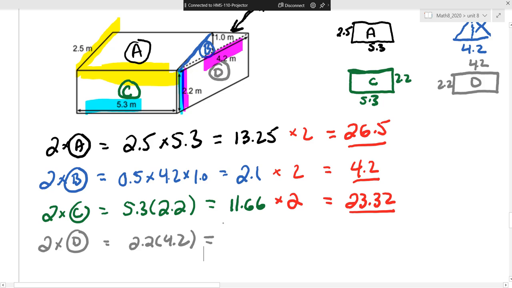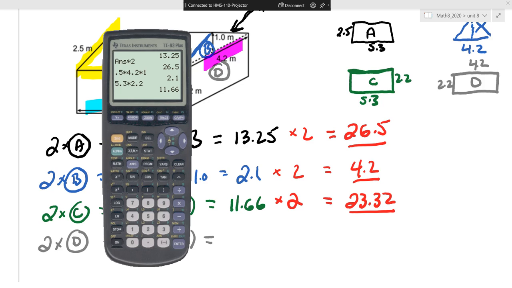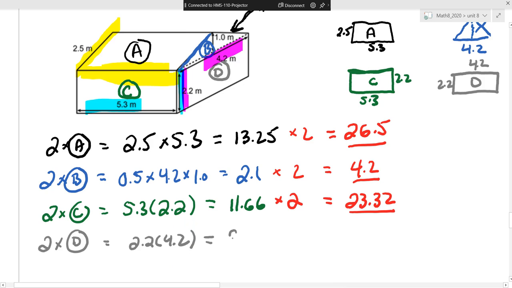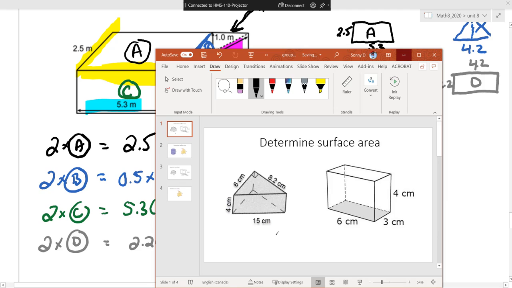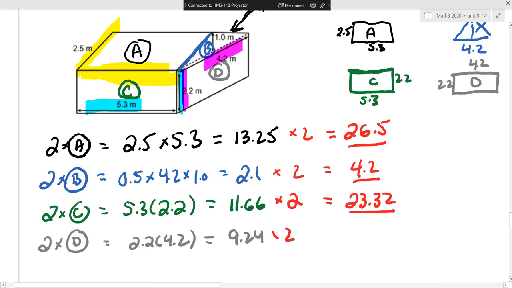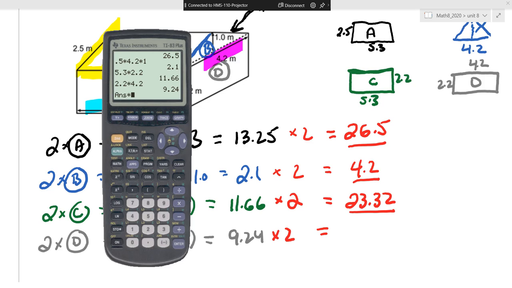So you go 2.2 times 4.2 is 9.24. And we said there's two of these, so you times it by 2. 18.48.